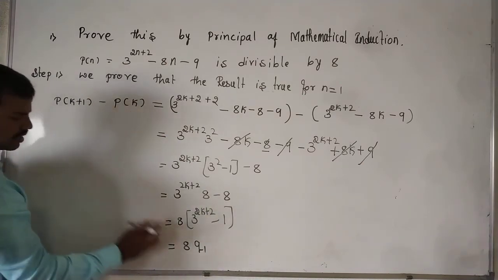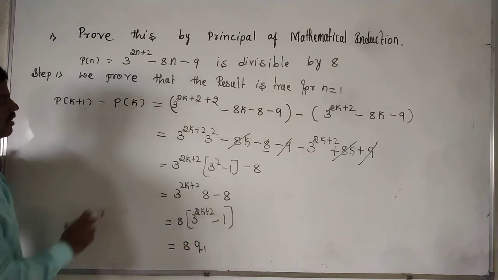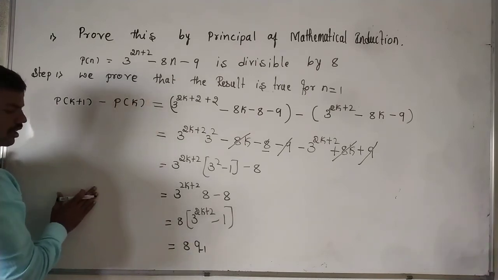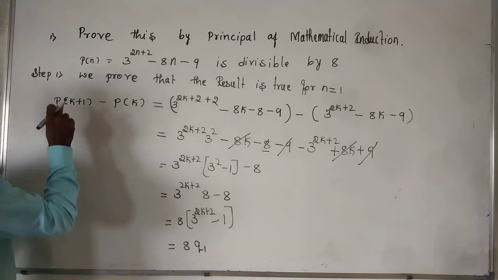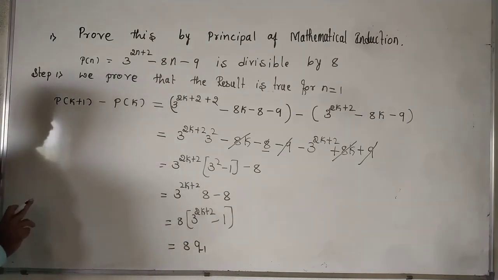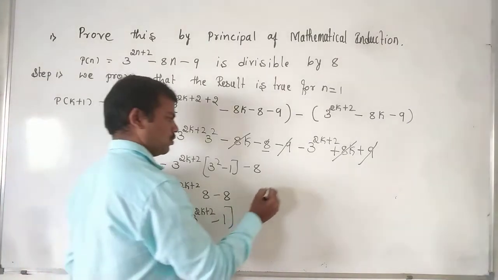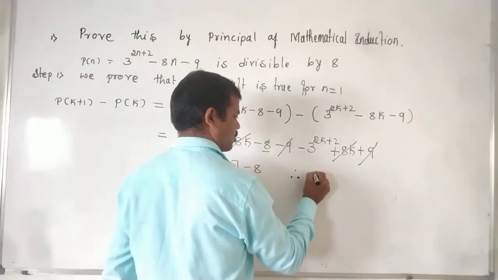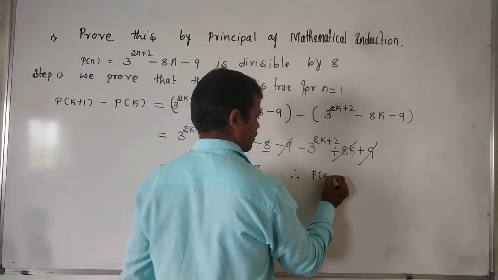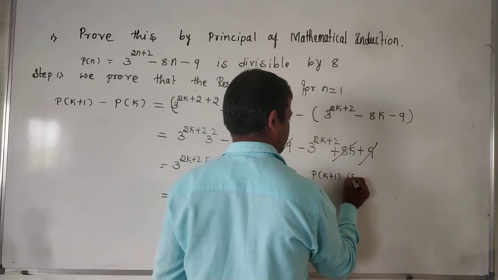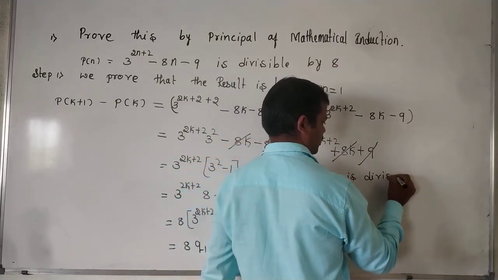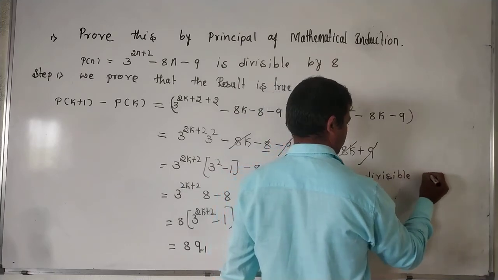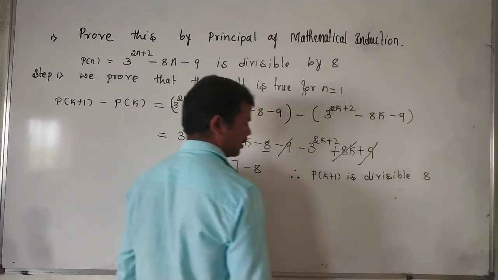So automatically, if we bring it to that side, the minus becomes plus. We have already seen that if the difference of two numbers is divisible by 8, then P of k plus 1 is also divisible by 8. Therefore, P of k plus 1 is divisible by 8.